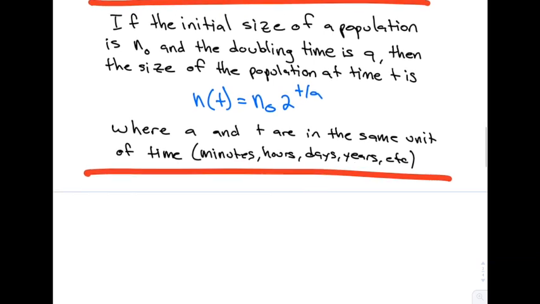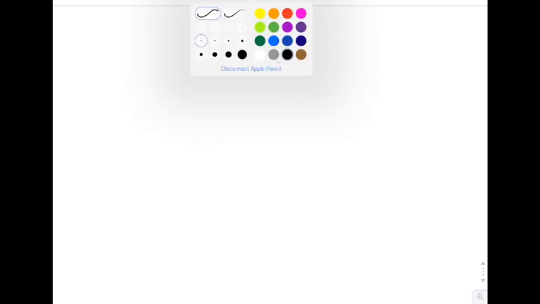So with this in mind, let's write quickly the equations from above. In the case where we just had a single bacterium, we'll have n of t equals 1 times 2 to the t. This one was a simple case because we were just looking at a population beginning with 1 that doubles every hour. So you can think of this as being t divided by 1.